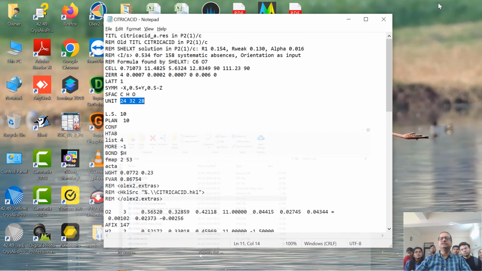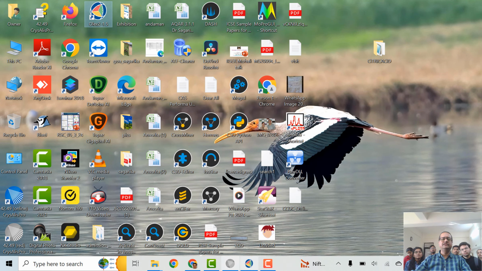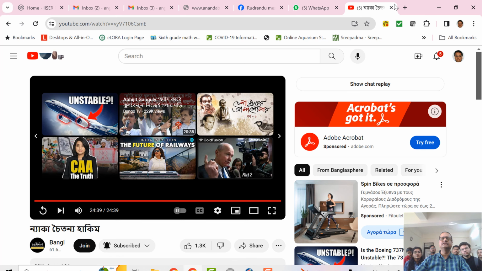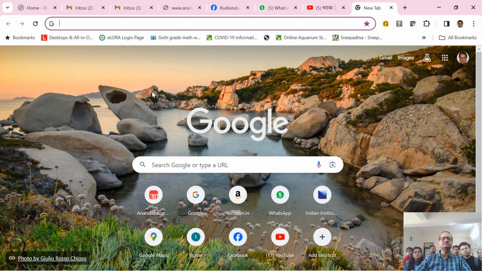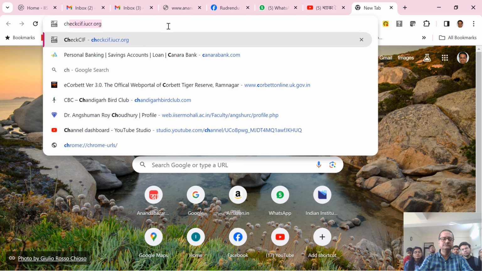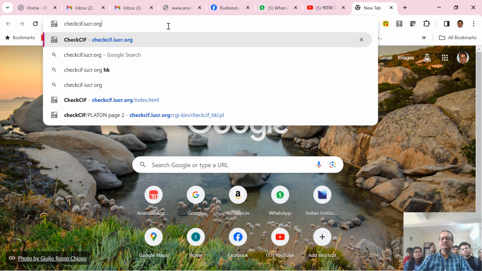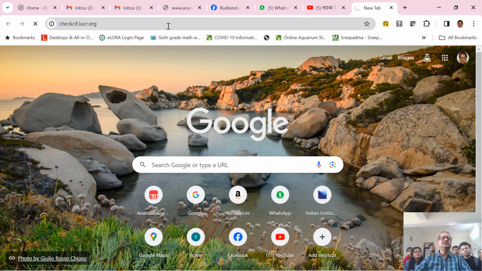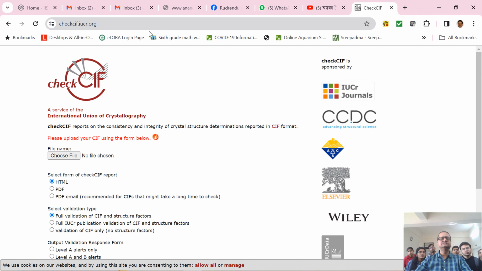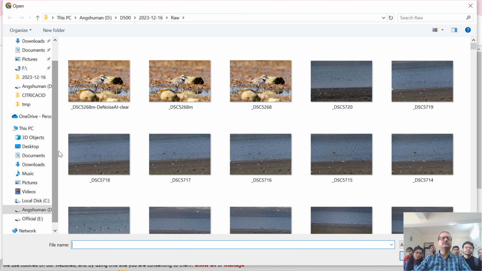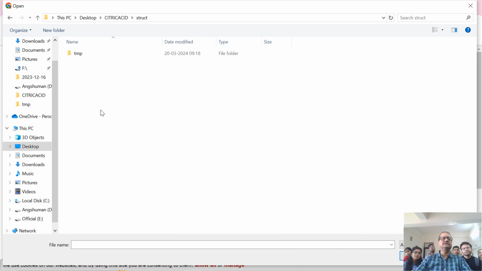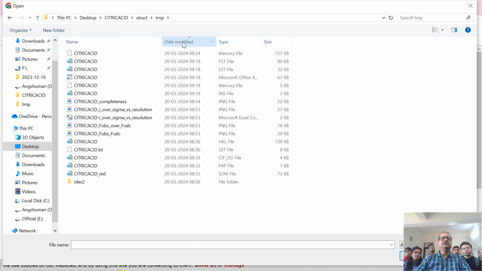So now we need to go and check the authenticity of these data. So this is the IUCR CIF check link. You go there, upload your target file. It is the structure, temp, and that final CIF file which is modified just now.